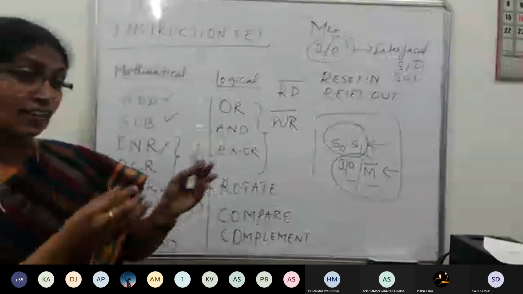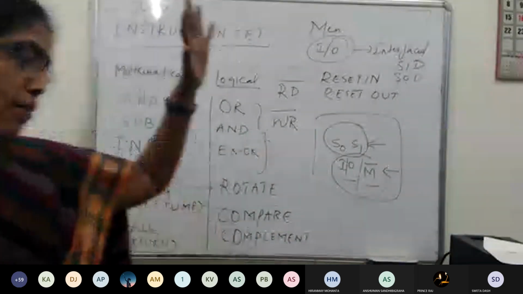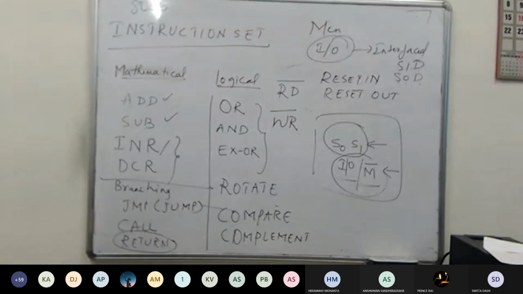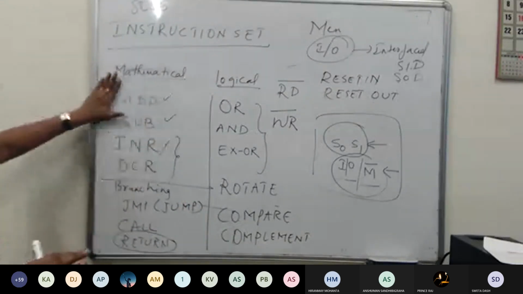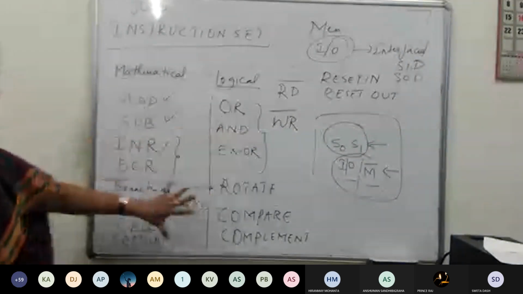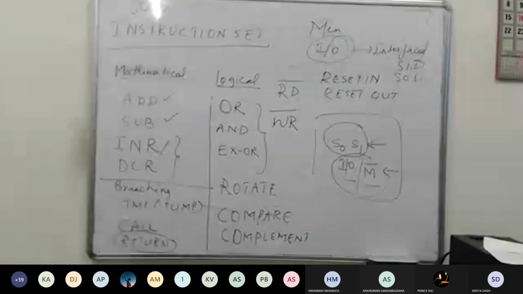Here also, with this assembly language and these limited operations, we can perform so many tasks. Let's go to the basic levels and we will do that. Don't worry. So mathematical, logical, and branching: with these, the whole instruction set is framed.